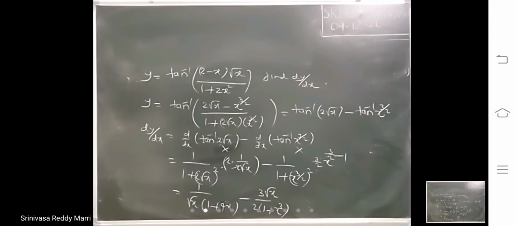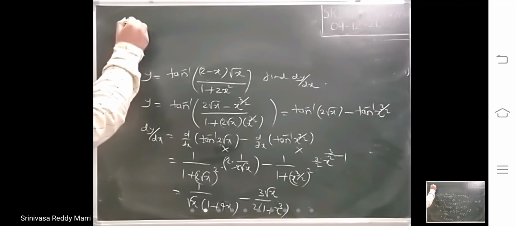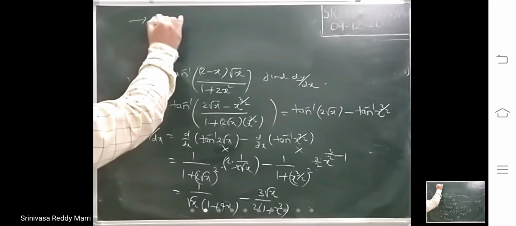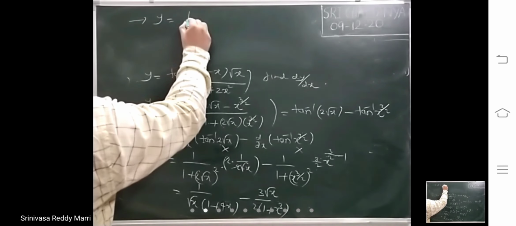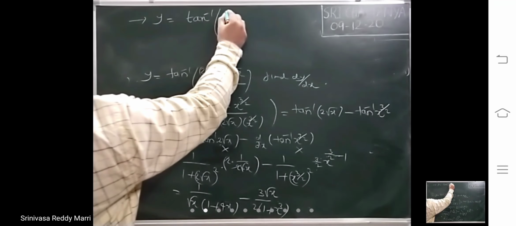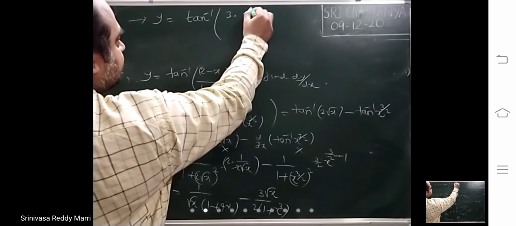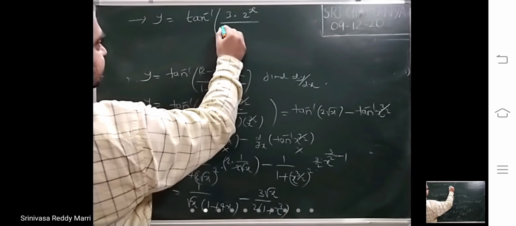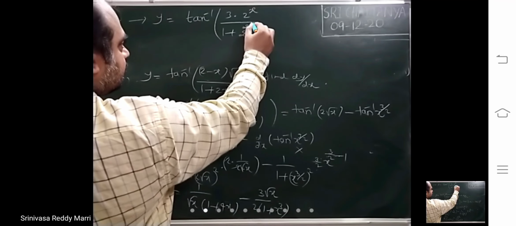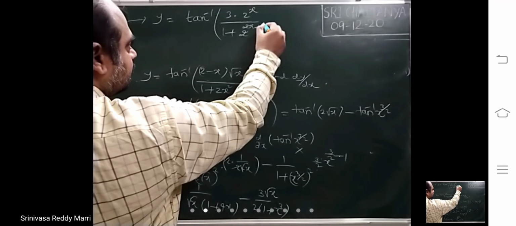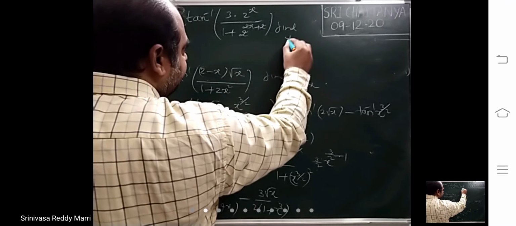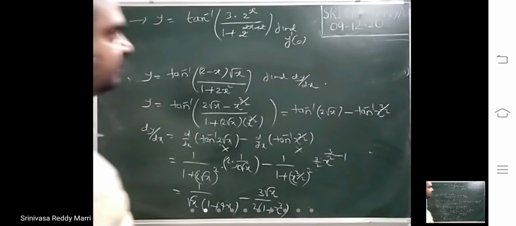Look at one more model. It is giving 3 into 2 power x divided by... find y dash 0.